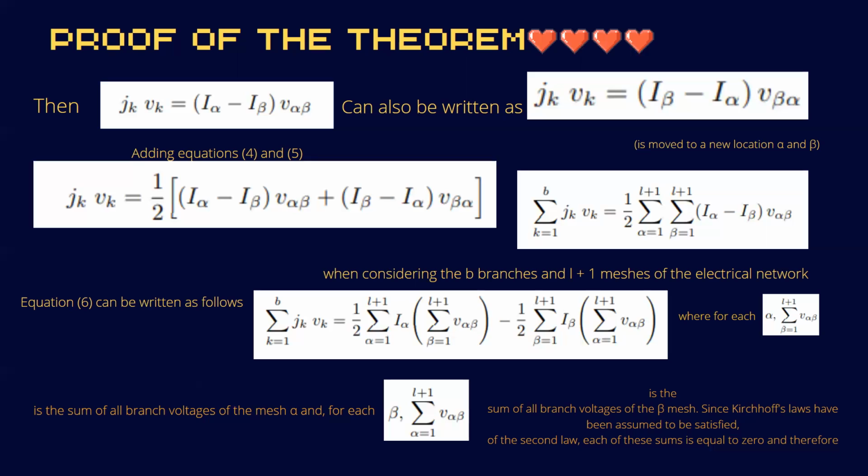Considering the branches and meshes of the electrical network, equation 6 can be written as follows, where each term is the sum of the branch voltages of the mesh.